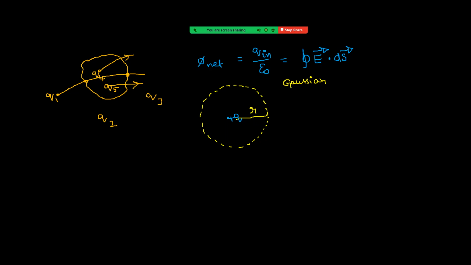Now see carefully in this case. Due to a positive point charge, field lines are radially outwards, right? This is what we learned in the previous lecture.